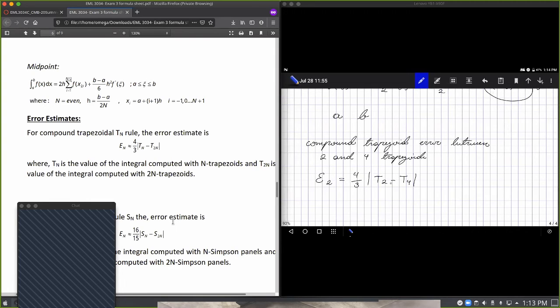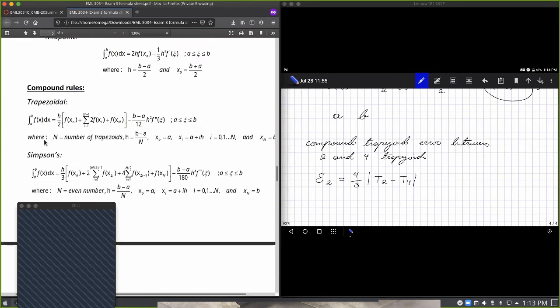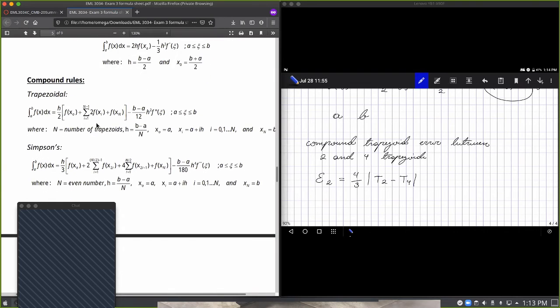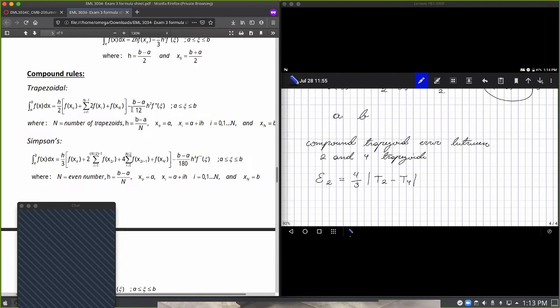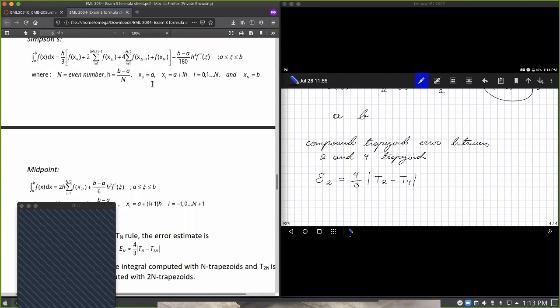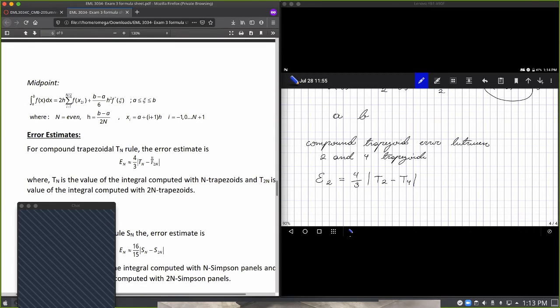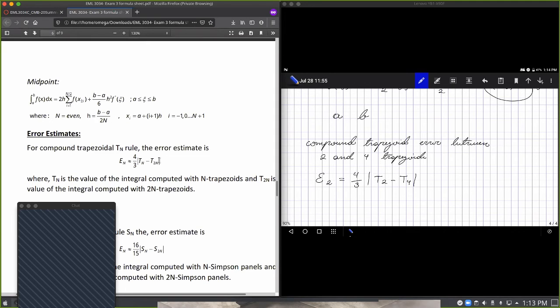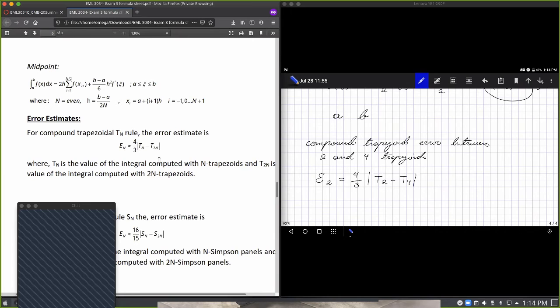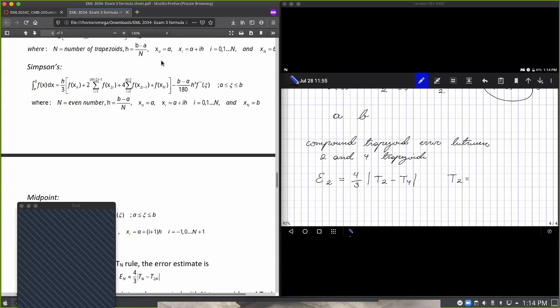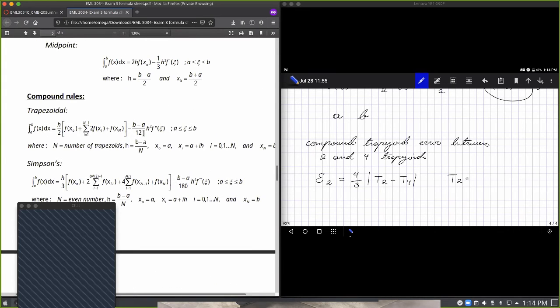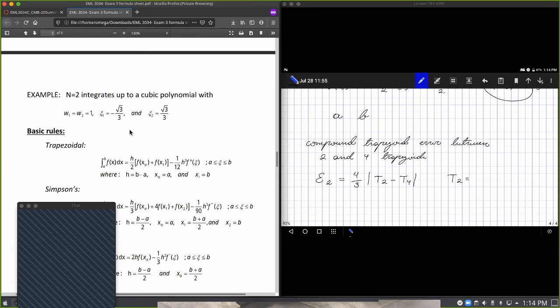And where do you find T2 and T4? You have to use the compound trapezoid to evaluate that integration. Usually at the end of that integration, we call that T, and put the number of trapezoids we use. So if you're doing a compound trapezoid with 2 trapezoids, it will be T2, and then you will write this function up here. I think that's how it is, if I remember correctly.